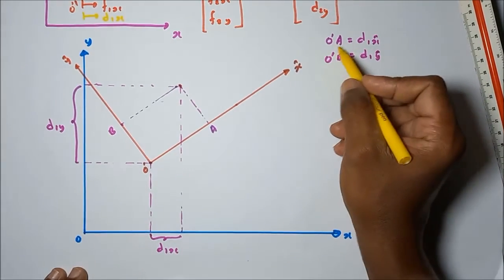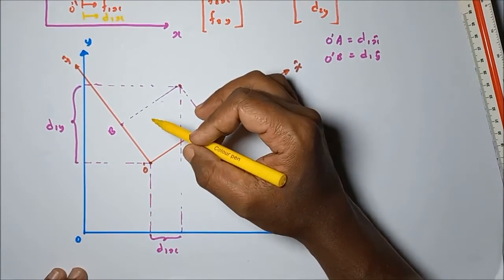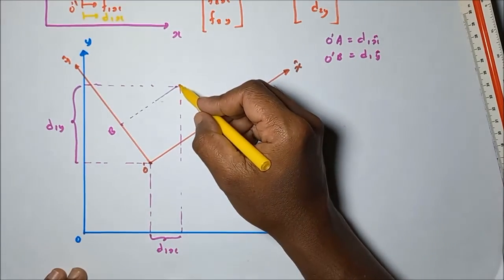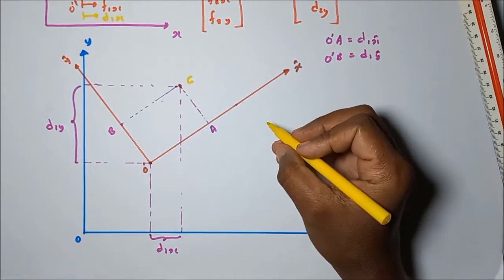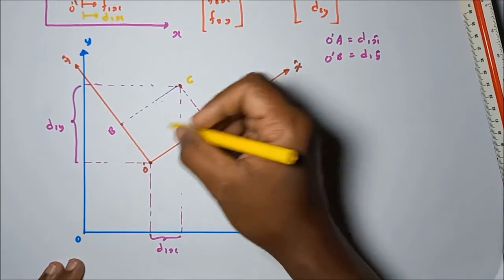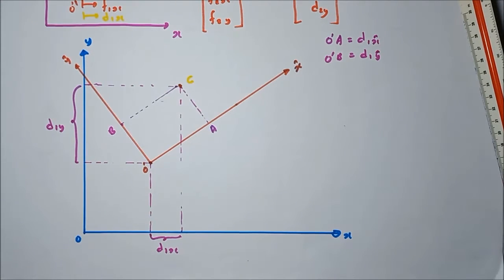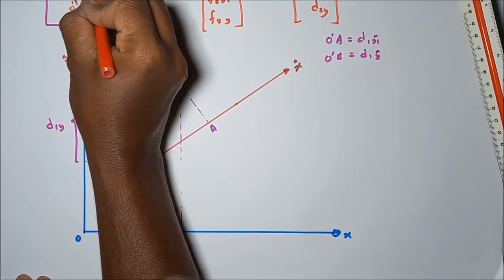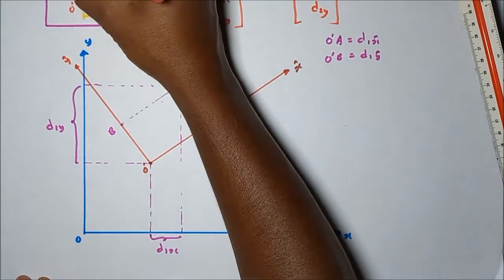O dash A is equal to d1 x hat. That means this is node 1. After loading, it has displaced. It can displace in a two-dimensional plane, to this kind of position. Let's take this point as C. Another important parameter we have to mark: to the horizontal, let's take this element as forming the theta angle in the anti-clockwise direction.